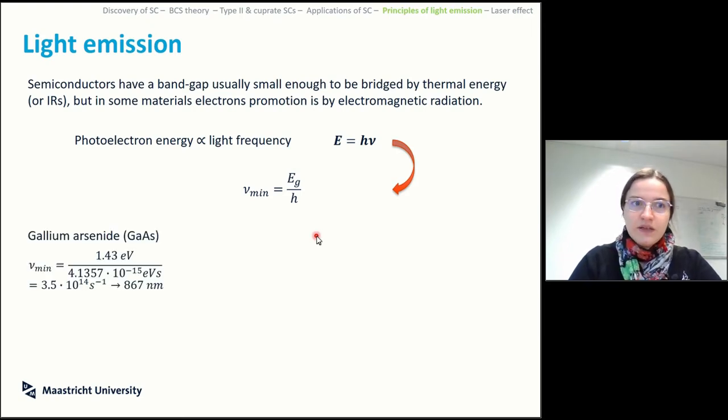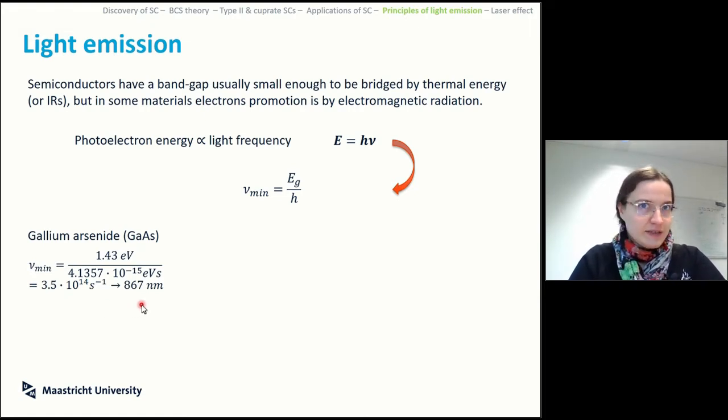So this means that you can try to figure out what should be the color of a given semiconductor based on this relationship. If I tell you that you have a 1.43 electron volt band gap, you should be able to tell me that you have a specific wavelength of gap bridging, which is the ideal one to have the optimal bridging, that is equivalent to 867 nanometers.